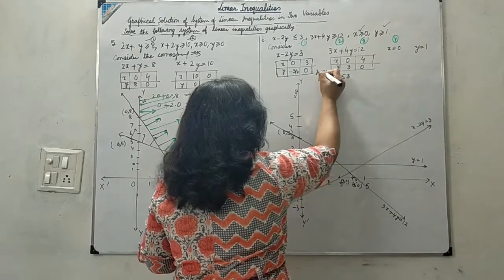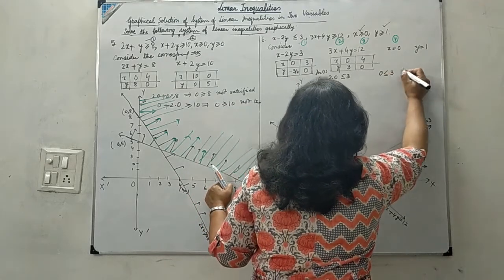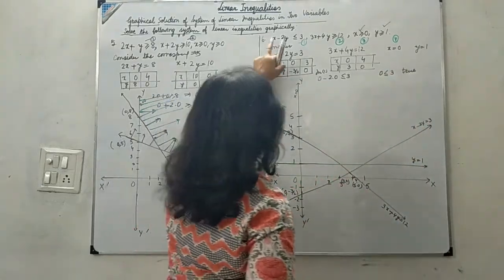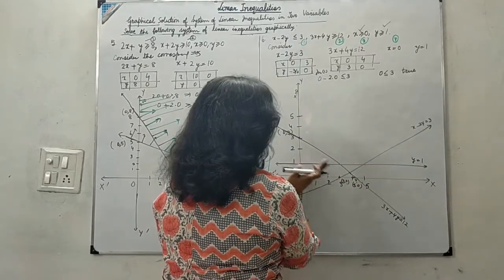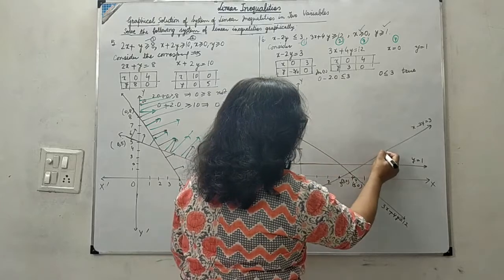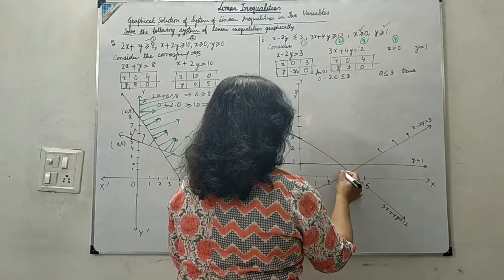If I substitute, 0 less than 3, which is true. Which is true means this line x minus 2y equals 3, towards the origin will have this part, this side, upper, like this.